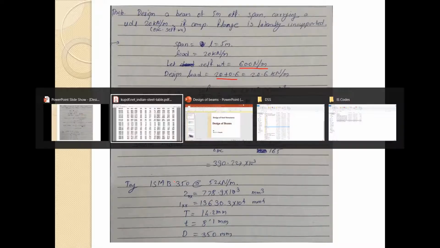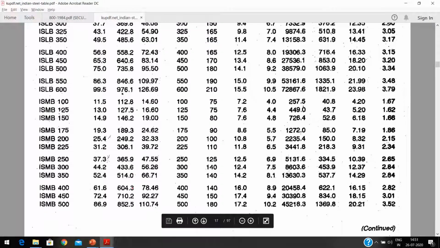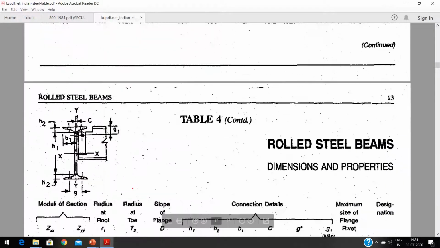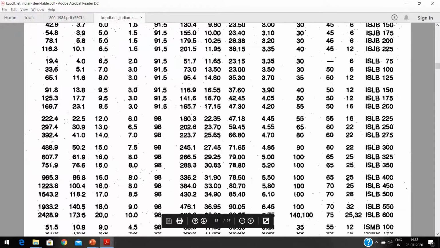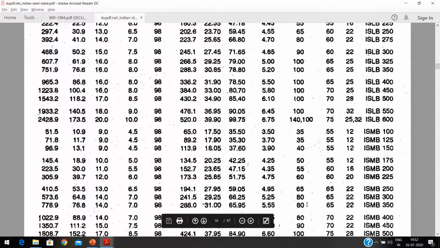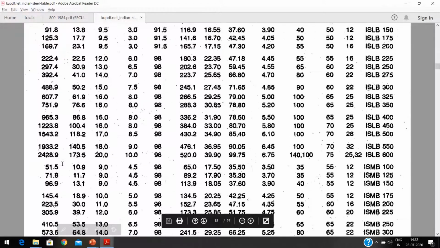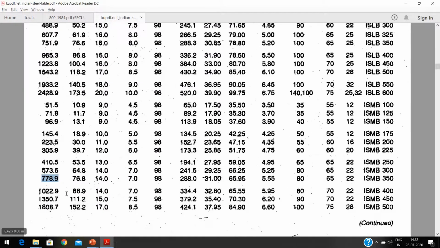So the properties we have for ISMB 350, it is like this. This is the value of Zxx, it is 778.